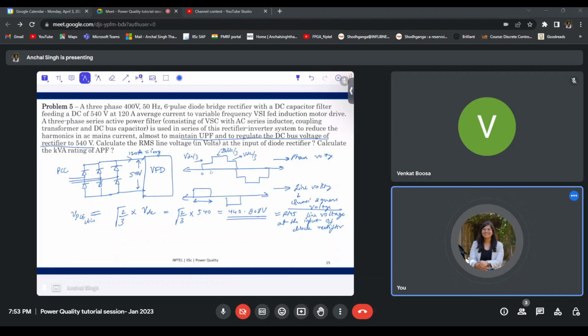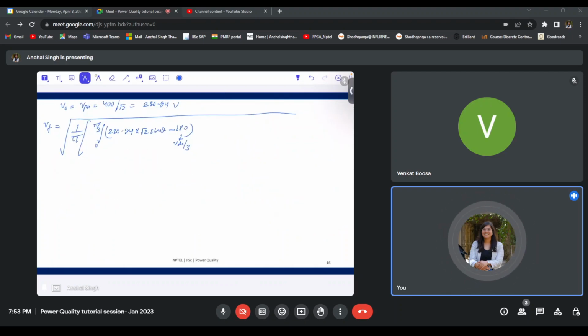So 0, pi by 3, 2 pi by 3 and pi. So from 0 to pi by 3 the amplitude is VDC by 3, from pi by 3 to 2 pi by 3 it is 2 VDC by 3, and from 2 pi by 3 to pi, it is VDC by 3 again. So considering this pi interval, 540 by 3 is 180.